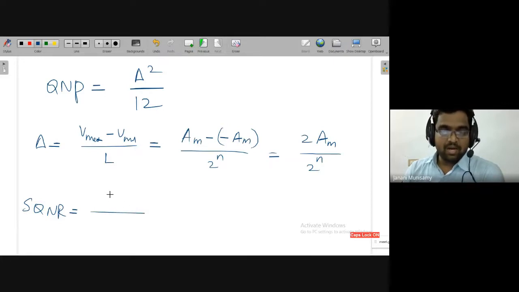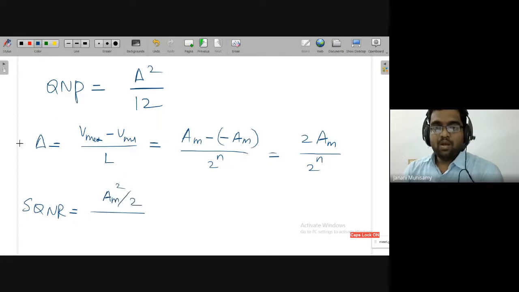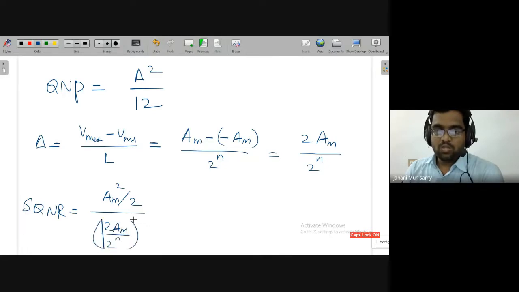Already I have calculated the signal power, that is AM square divided by 2. Now noise power is delta square divided by 12. Delta I have already calculated: 2 times AM divided by 2 power n, whole square, divided by 12.